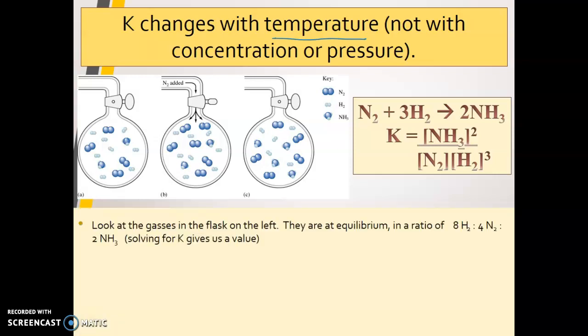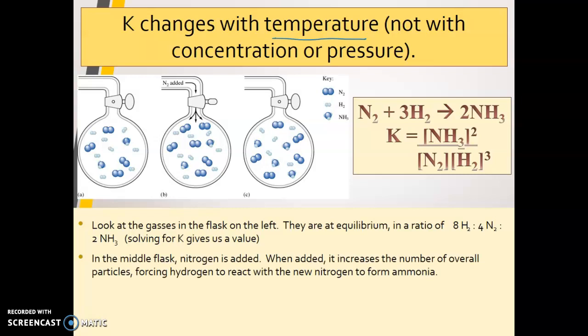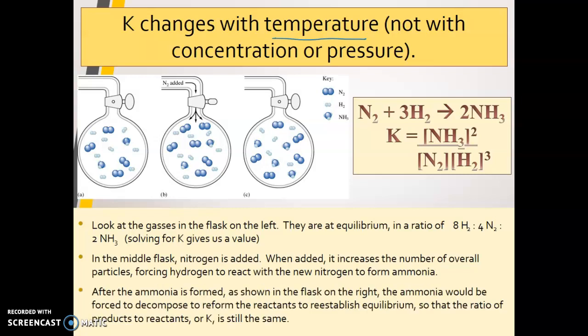If you look at the gases in the flask on the left, they are at equilibrium in a ratio of 8 hydrogen to 4 nitrogen and 2 NH3. Solving for K gives us a value. In the middle flask, nitrogen is added. It increases the number of overall particles, forcing hydrogen to react with the new nitrogen to form ammonia.